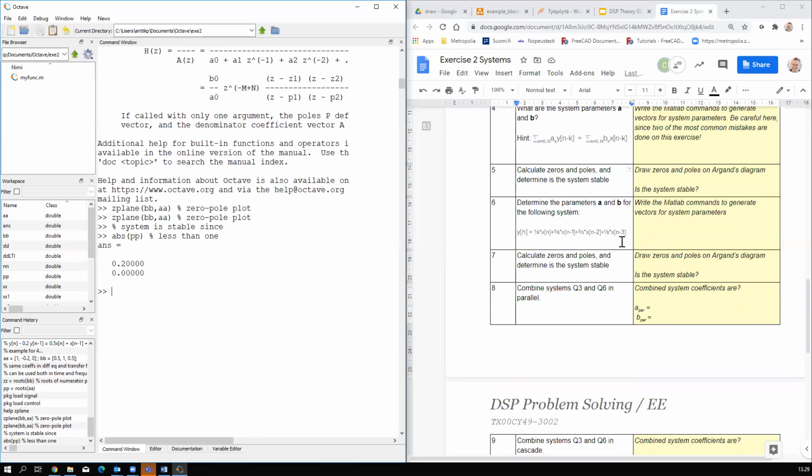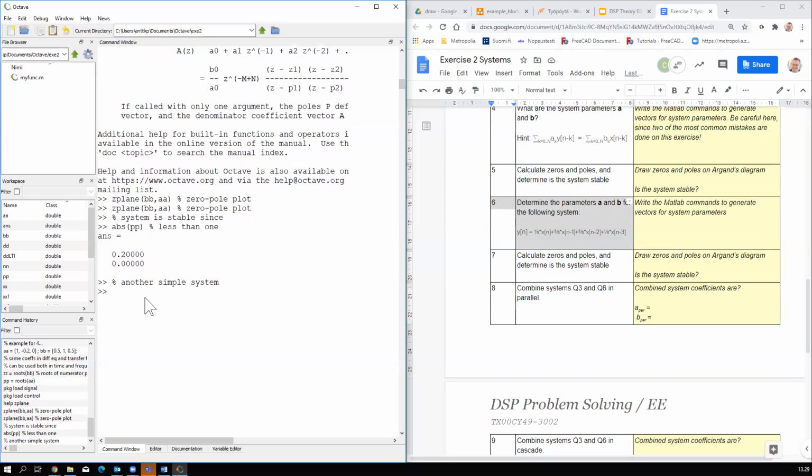Then the following: determine the parameters for A and B for the following system. Okay, that's fine. Okay, there's another system. Let me take an example. Another simple system. So let's see. I'll just throw in BB equals 1 and minus 0.5.